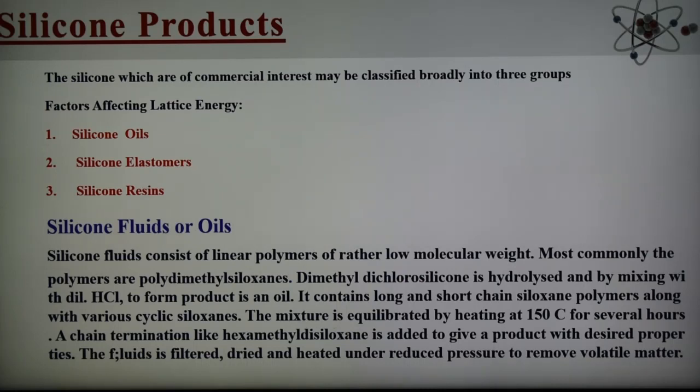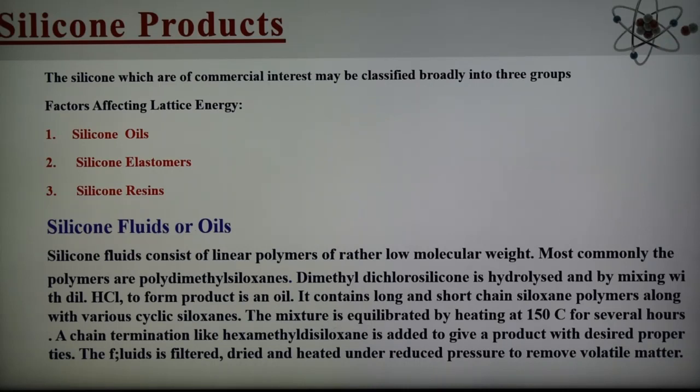Number one we are going to see is silicon fluid or silicon oil. Silicon fluid consists essentially of linear polymers of low molecular weight. Most commonly the polymer is polydimethylsiloxane, and in the typical process dimethyl dichlorosilane is continuously hydrolyzed by mixing with dilute hydrochloric acid. The product separates out as an oil and is removed.